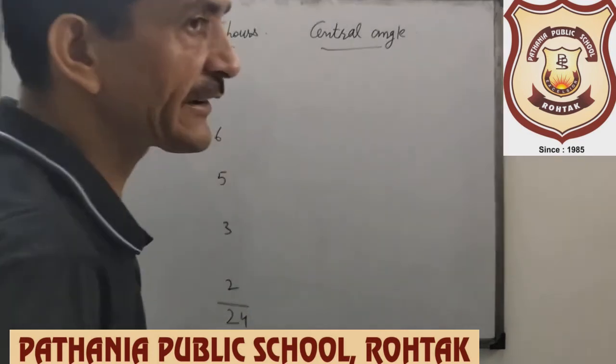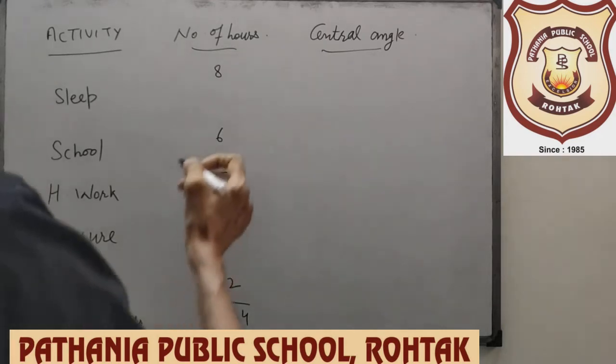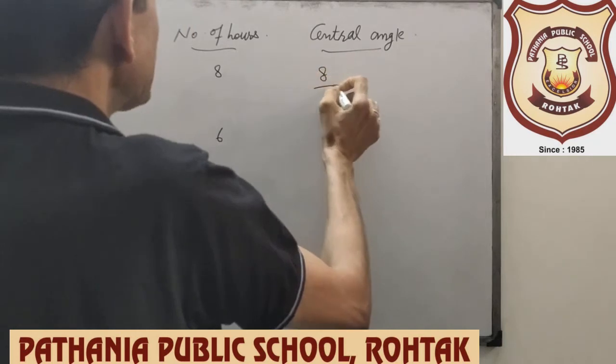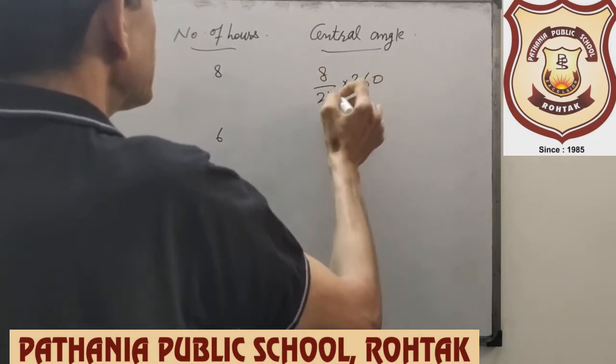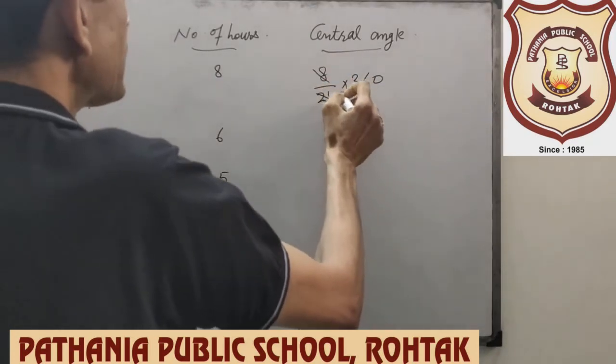Now find the central angle. Out of 24, number of hours used for sleep is 8, then out of 360 how many? It should be like this: 8 3s are 24, 3 12s are 36.